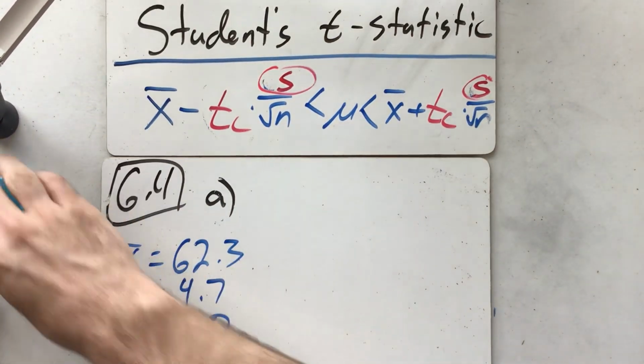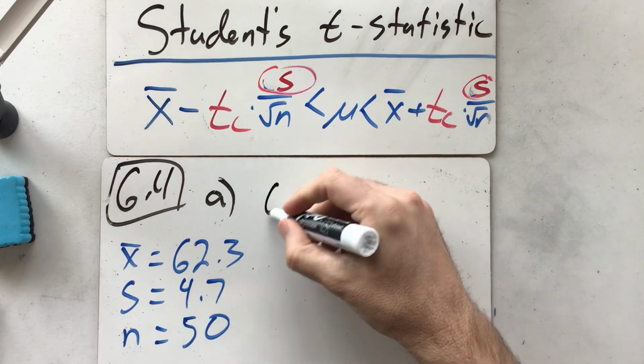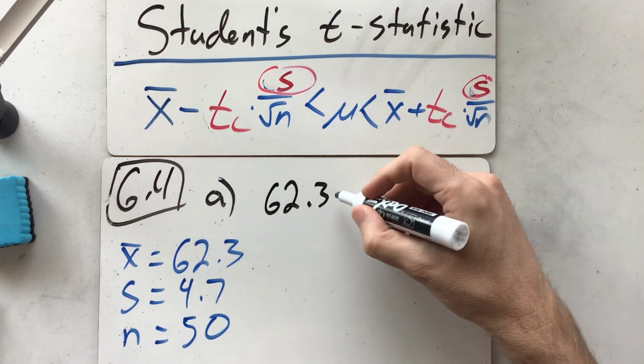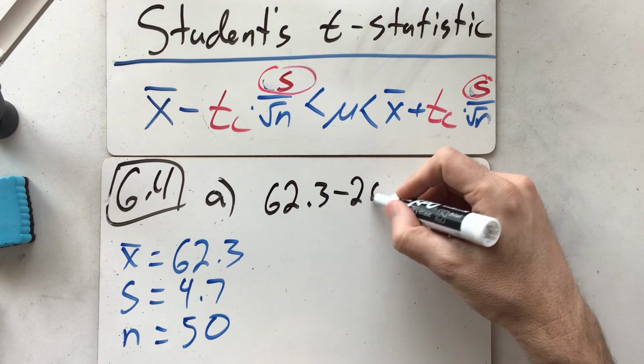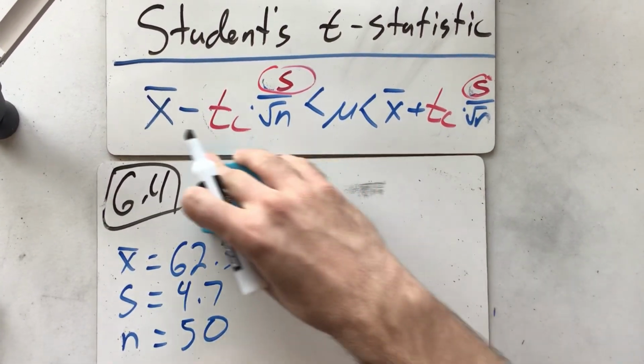What if I don't write the formula out again? What if I just put it directly in? So we'll go 62.3 minus 2.01. Tell you what, I'm really running out of space.